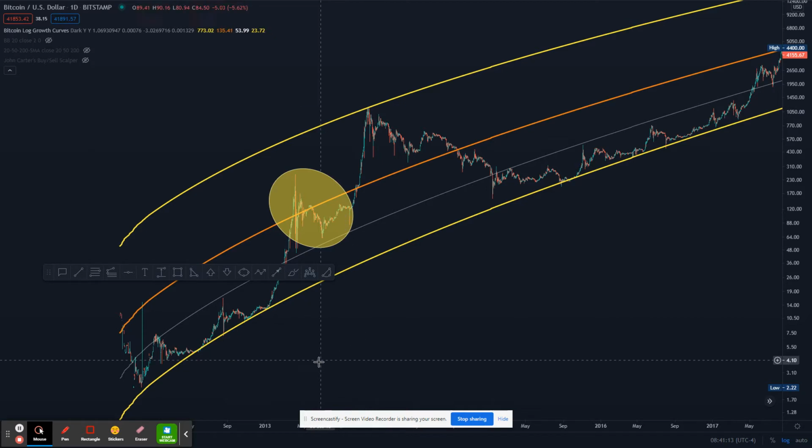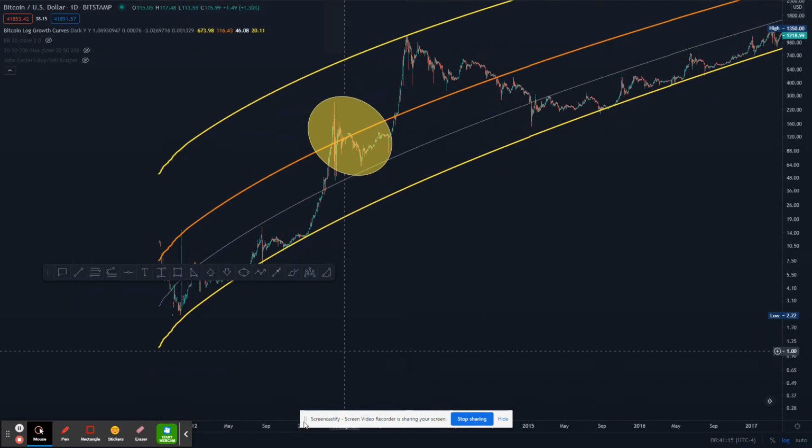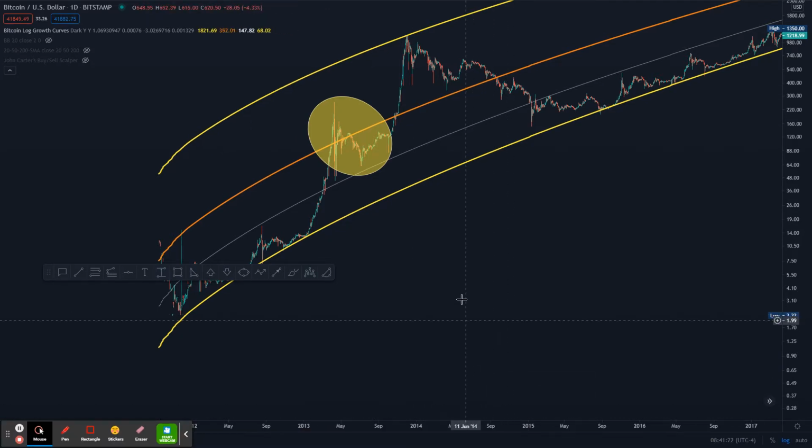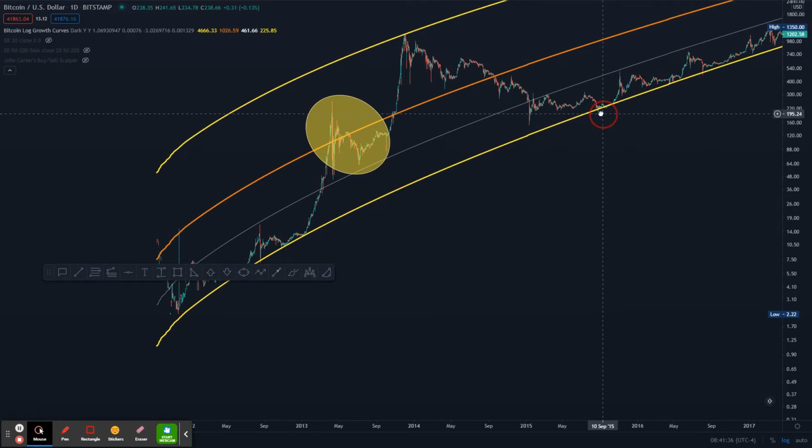Let's see what date this was. This was by December of 2013. We saw a significant pullback, and we made our descent down to the lower bands.